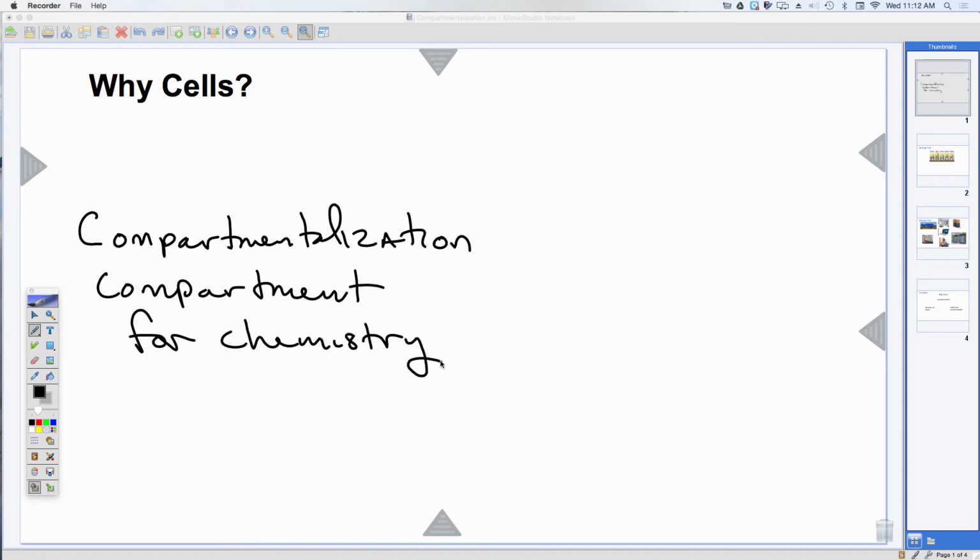And when we look at what cells are doing, they are taking chemicals from their environment and bringing them together and concentrating those chemicals. And by concentrating those chemicals, they are forcing chemical reactions.